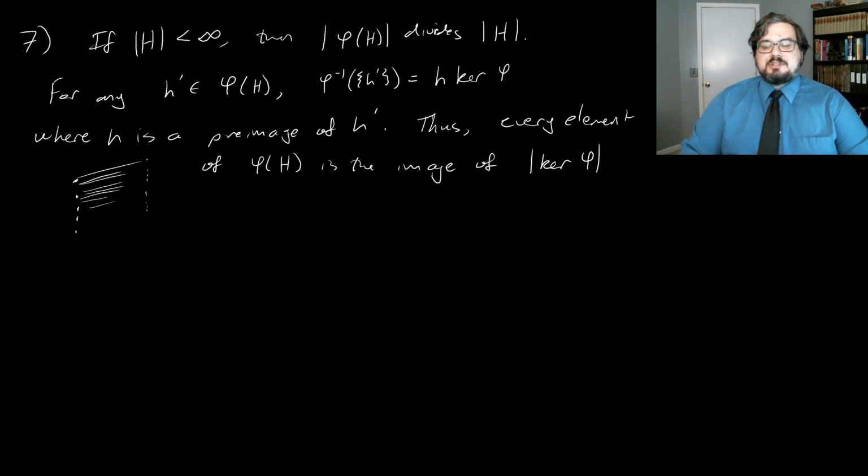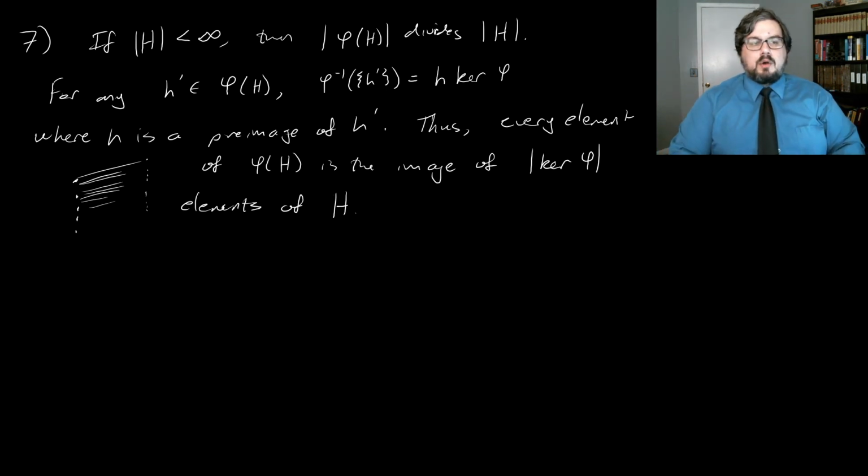So it's the image of order of kernel phi elements of H, or rather it's the image of this many elements of G.